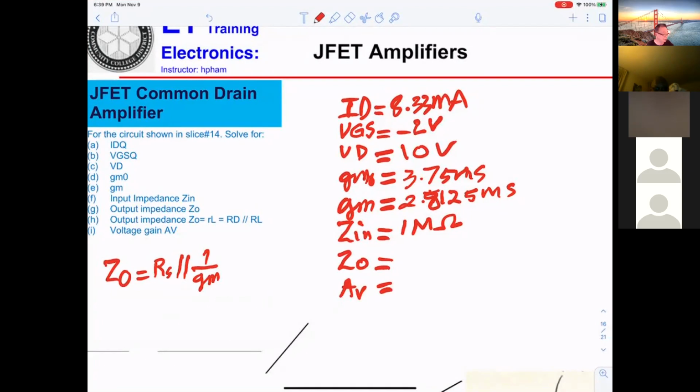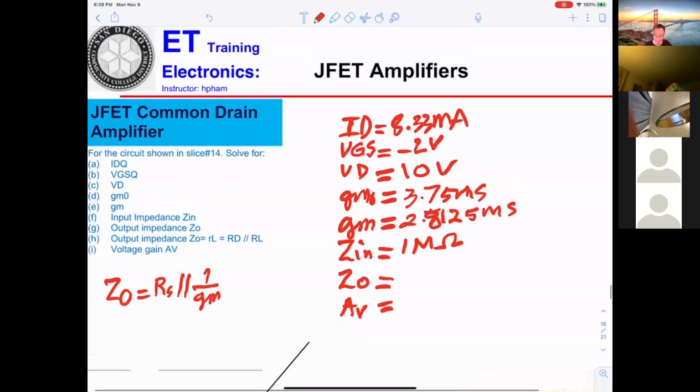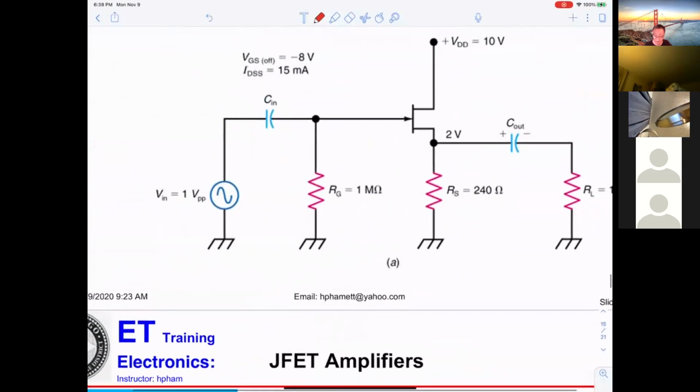Depending on what type of amplifier, common source or common drain, it's different for gL. The formula I already gave to you. Let's see, what RF equal 240.